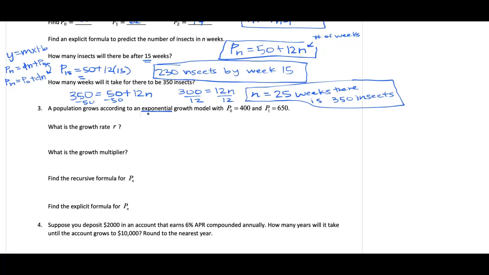Which way are we going to divide it? Big over small. Okay. So 650 divided by 400. So what is that going to be? 1.625.